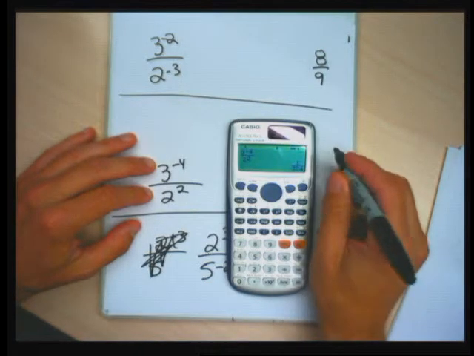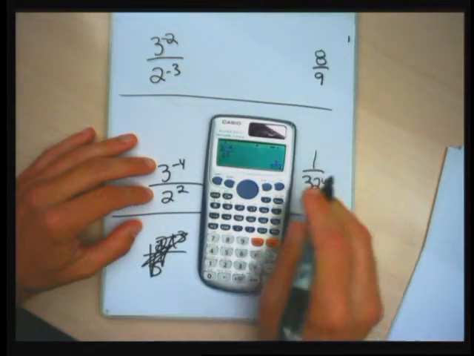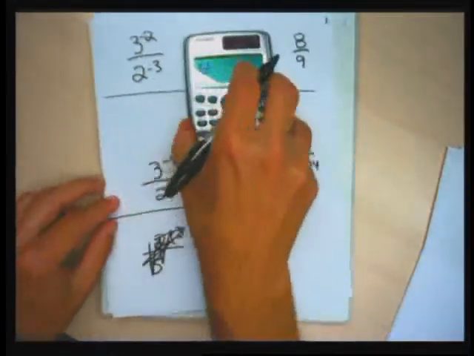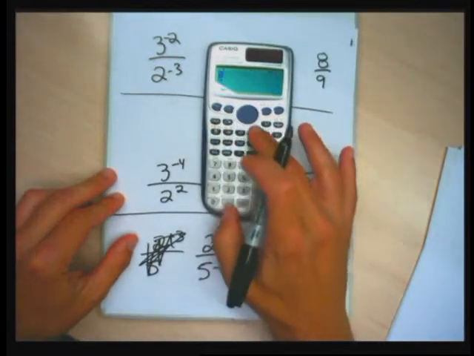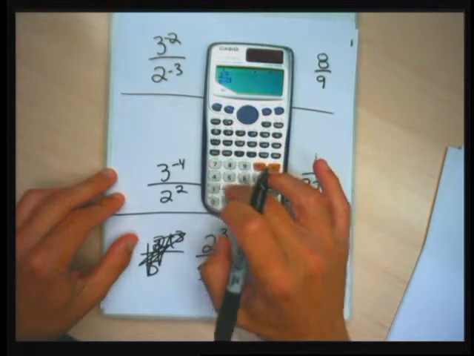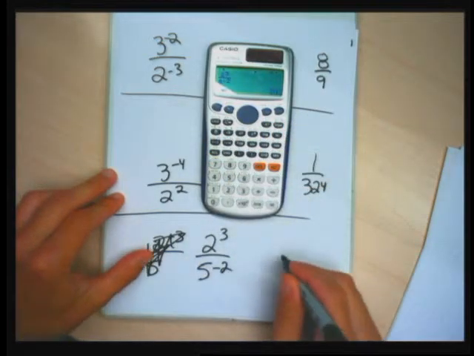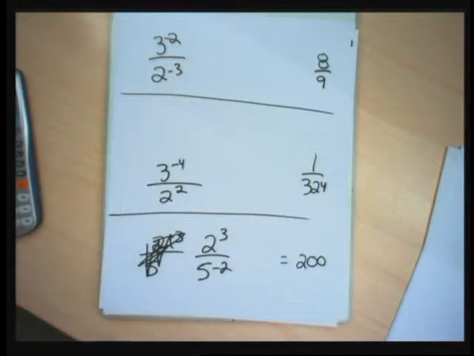This one's supposed to equal 1 over 324. Bottom one, 2 cubed over 5 to the negative 2, 200. So each one of these problems started off with a negative exponent. 2 of them turned into fractions, 1 didn't.